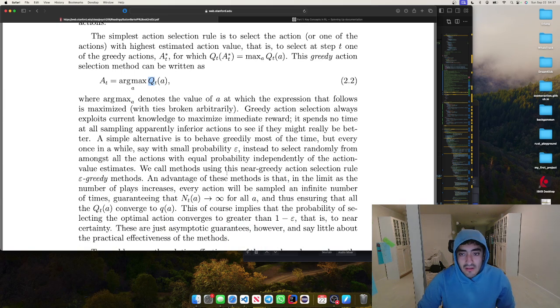It spends no time at all sampling apparently inferior actions to see if they might really be better. A simple alternative is to behave greedily most of the time, but every once in a while, say with a small probability epsilon, instead select randomly from amongst all the actions with equal probability, independently of the action value estimates.